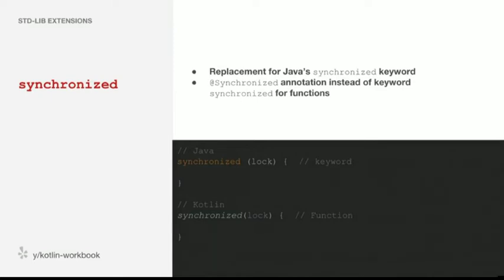It will just make sure that this block is being executed only by one thread at a time, enforced on the lock there, which is an object. If you want to have a synchronized method, the way you do that is just you annotate it with the synchronized annotation, and in Java it will create you a synchronized method, same as if you had used the keyword synchronized in Java, but the keyword itself doesn't exist.